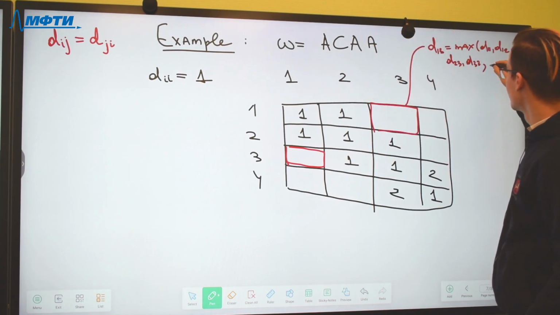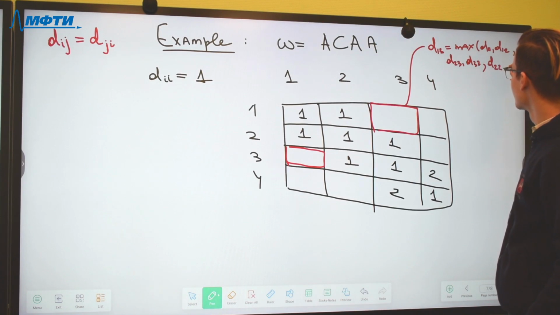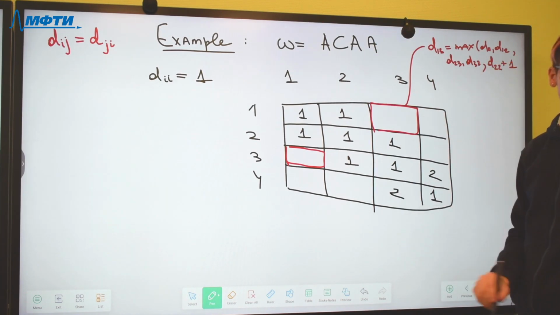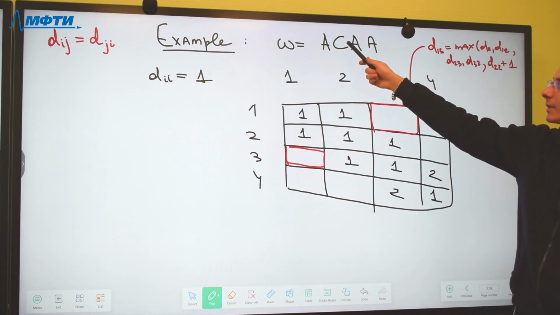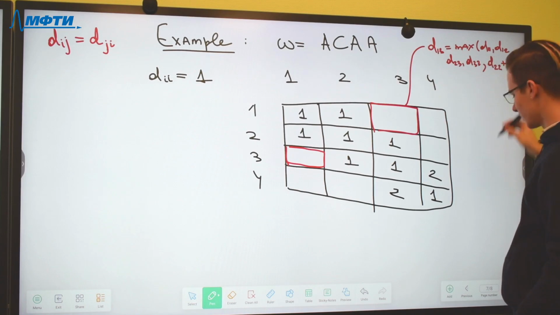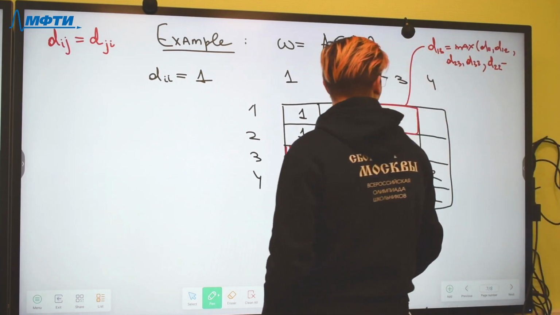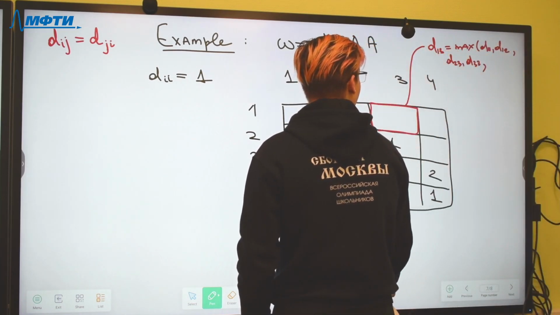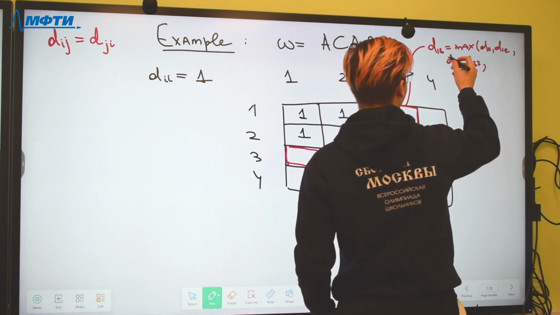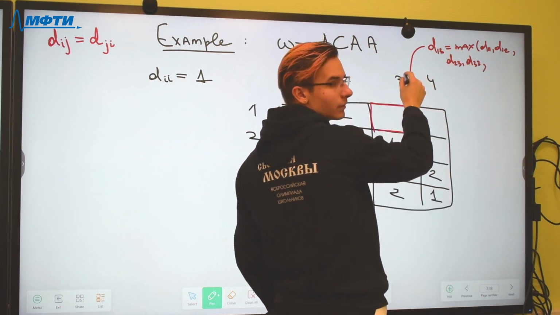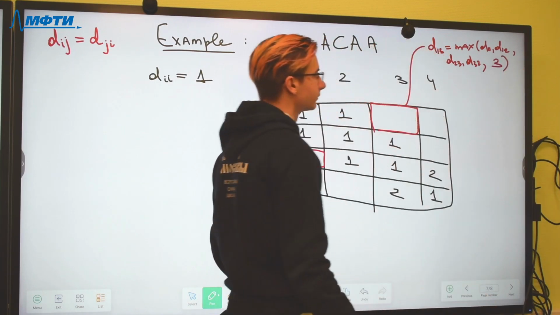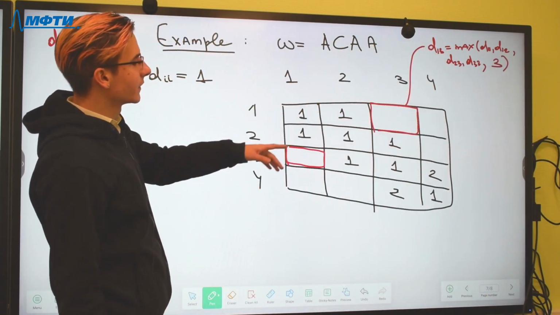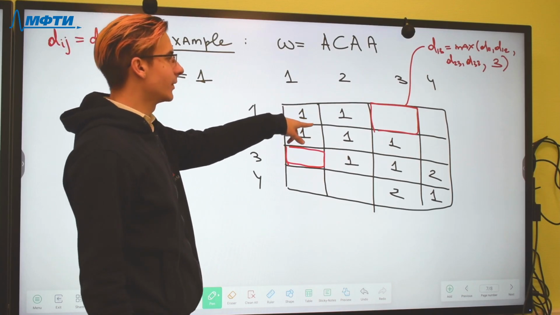So I add here 2 with index 2, 2 plus 1. And then I see that it's equal to, no, not this, but their difference G and E plus 1. It's 3.